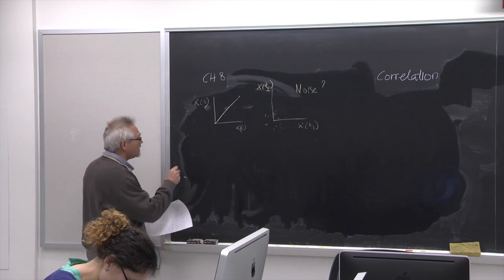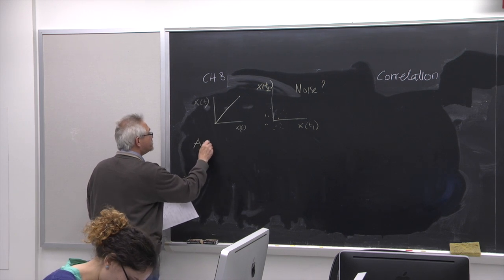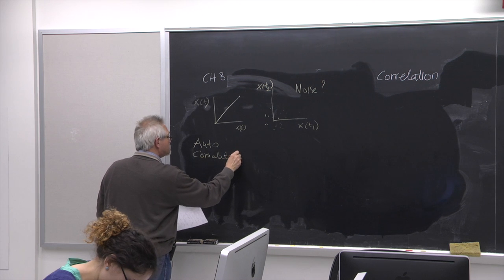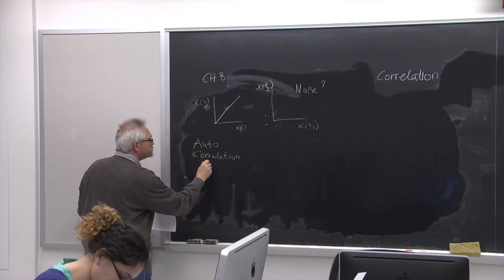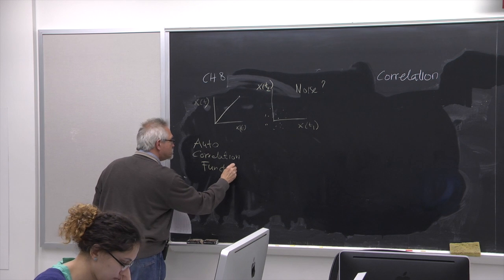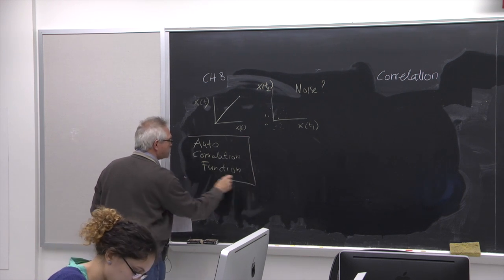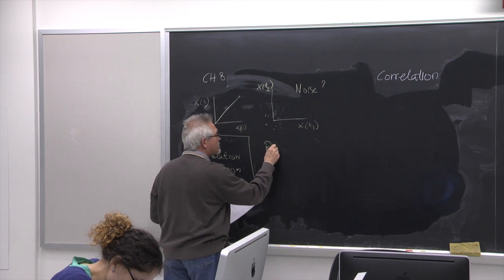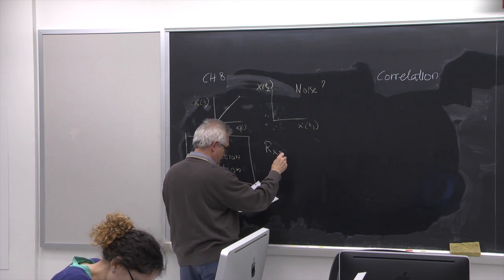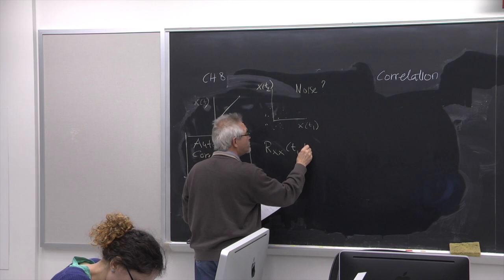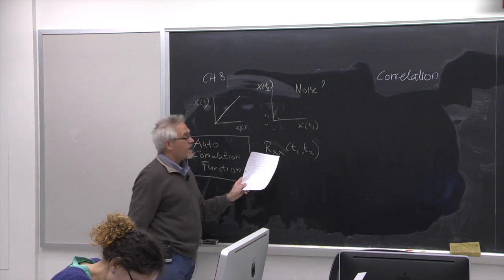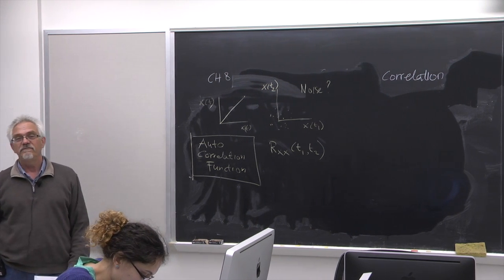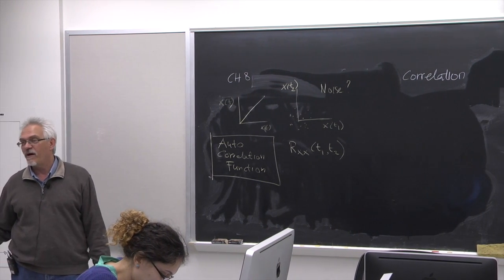So let's kind of look at the autocorrelation function. It's usually indicated as RXX, T1, T2. XX meaning the same signal X. So if it's the signal Y, it would be RYY, of course.